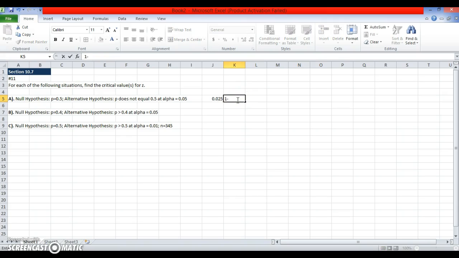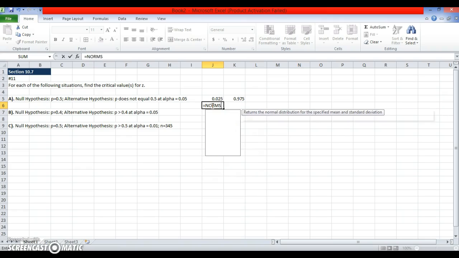Now, to find the critical z value, there are two ways you can do it. One way is using a critical value table from your textbook. The other way, in Excel, is the NORM.S.INV function.